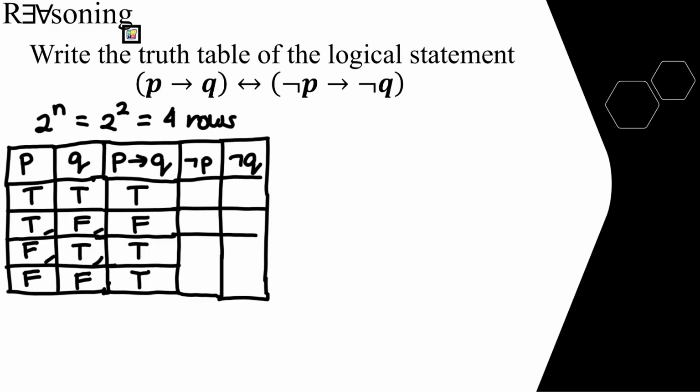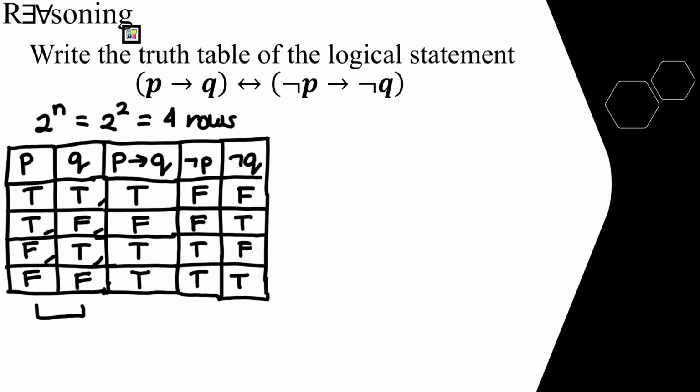We know that negation assumes the opposite truth value for our P and Q statements respectively. So simply reverse the truth values. For P, you have F, F, T, and T. For Q, F, take note of that, T, F, and then T.